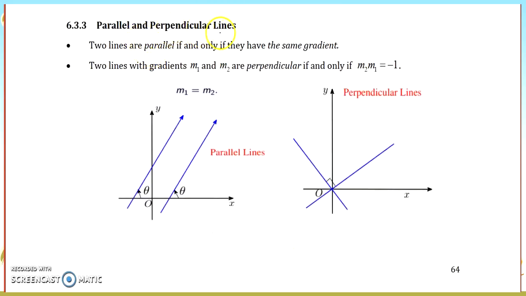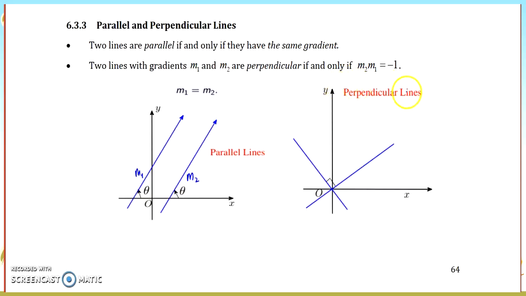Parallel and perpendicular lines. Two lines are parallel if and only if they have the same gradient, while two lines with gradients m1 and m2 are perpendicular if the product of the two gradients is equal to -1. So this is the figure of two parallel lines, m1 equals m2.